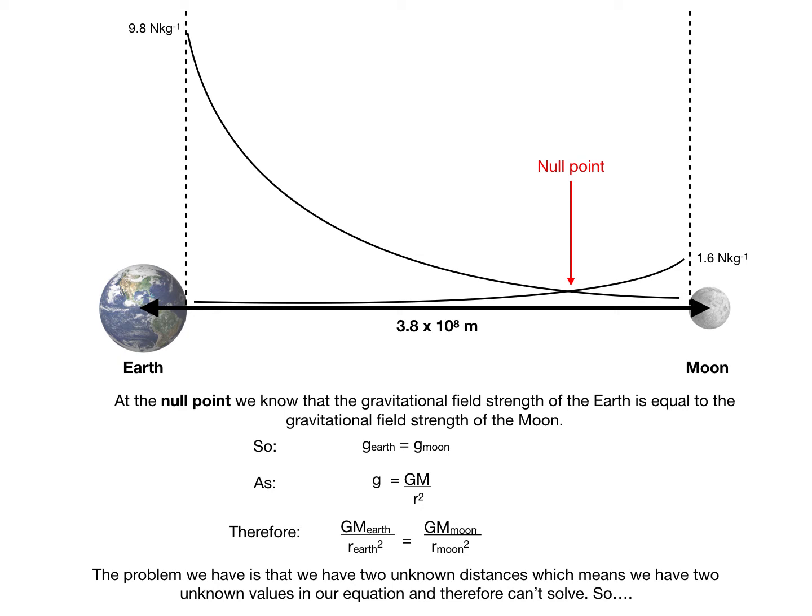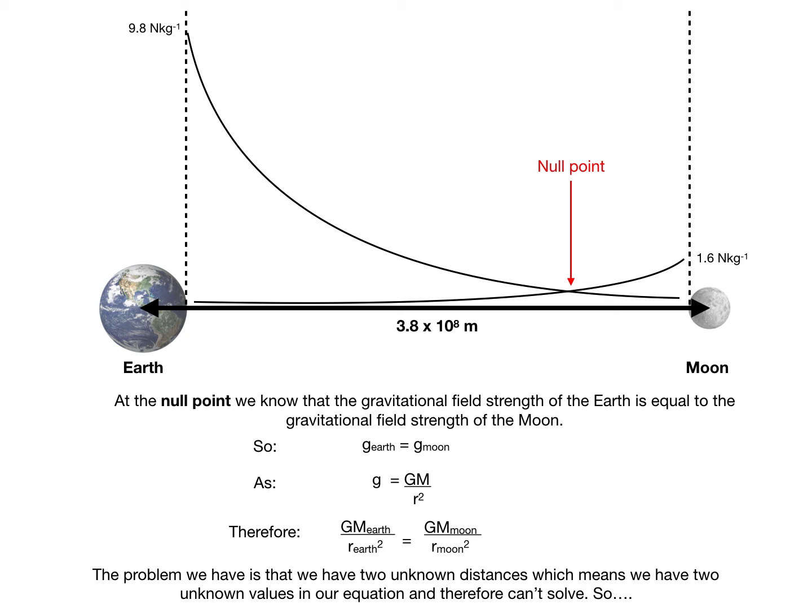On the left-hand side, for the Earth, we have GM, mass of the Earth, over our radius from the center of the Earth squared. And on the right, we have GM, mass of the Moon, divided by our distance from the center of the Moon squared. We can see that our G's cancel out nicely, and we know the mass of the Earth and the mass of the Moon, but that leaves us with two unknown values.